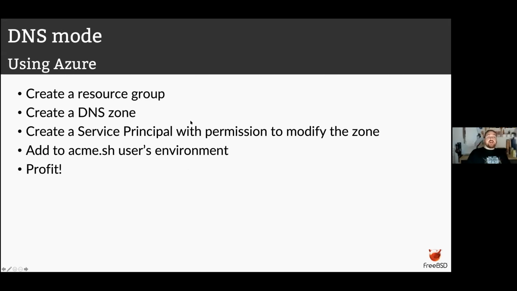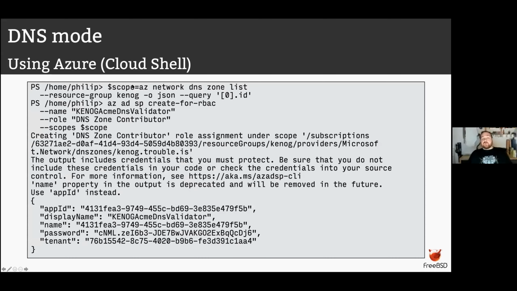There we go. So the way that works is I typed az network dns zone list in the resource group KeNOG, and I spat out its ID. And then I said, create a role-based access control token called KeNOG ACME DNS validator, which is a DNS zone contributor and has access to whatever came out of the previous commands.